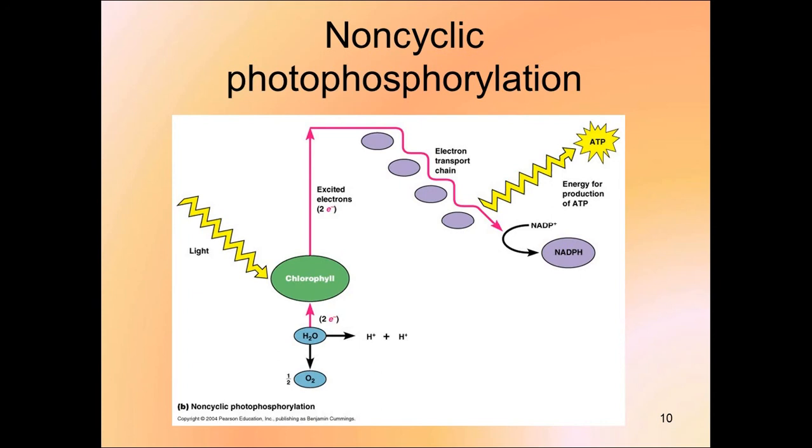The Golgi body will come and pick up the ATP and the NADPH molecules and take it to the rest of the cell where it's going to be used. When they're broken up, the ADP and phosphate and the NADP molecules will be returned to the chloroplast and to the thylakoid so that they can be reconstructed once again through this process.